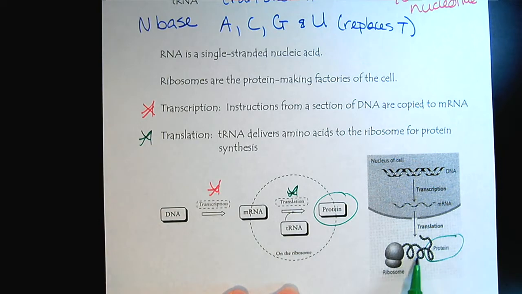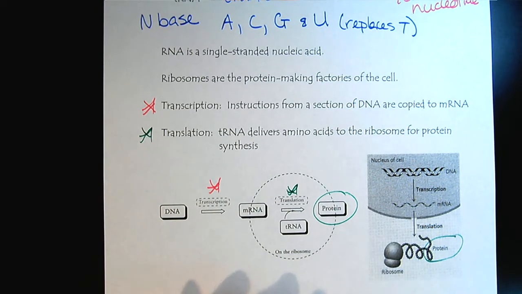And so these little balls are representing the individual amino acids. And ribosomes have a very unique shape. You can see they have like the 2 lobes there to help you recognize them. Okay, so let's look at transcription, and then we'll move on to translation.